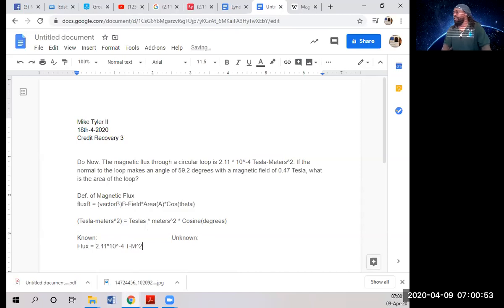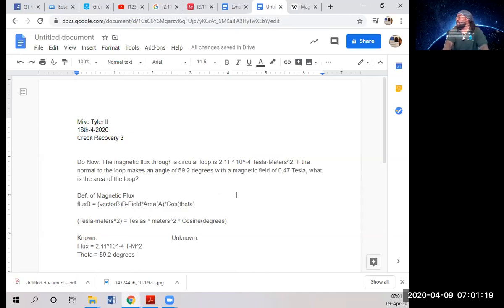This is just an abbreviation because I'm trying to get the problem done for you. And now we have theta, that's our angle, which is equivalent to, what do we say? The angle we were given, well, we look here, and that's 59.2 degrees. So 59.2 degrees.